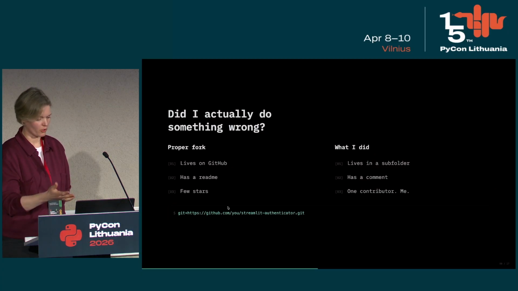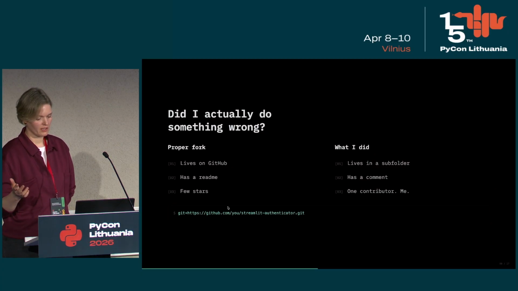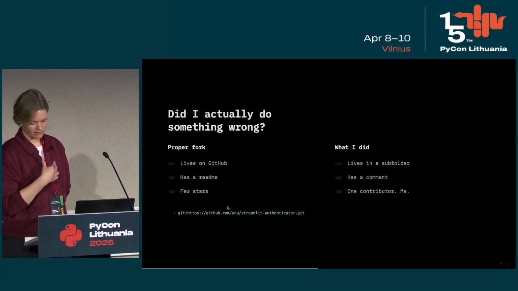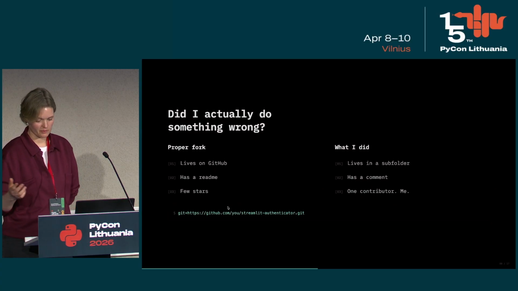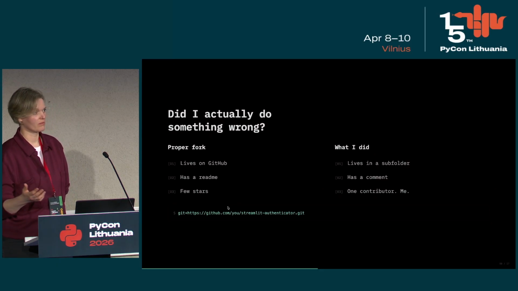A proper fork lives on GitHub, has a README, maybe a few stars, and you can point your requirements.txt at it. What I did is I took the code to my repo. There are no stars and just one contributor, but same outcome, just a little bit less discoverable.